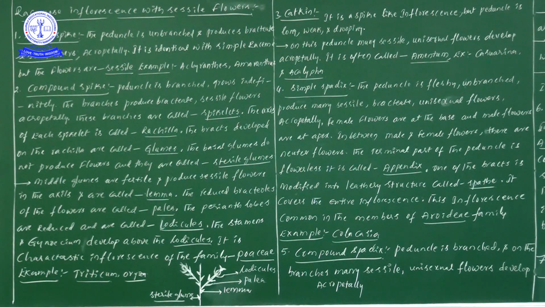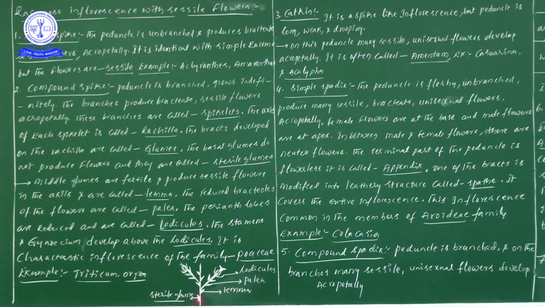If the glumes do not produce any flowers, such bracts we simply call sterile glumes. In the particular inflorescence, basal glumes means the ones at the bottom. Diagrammatically you see there.